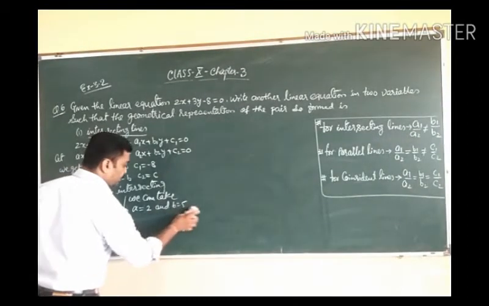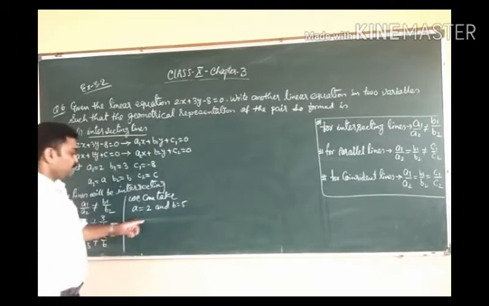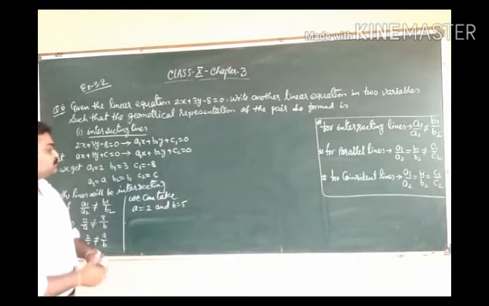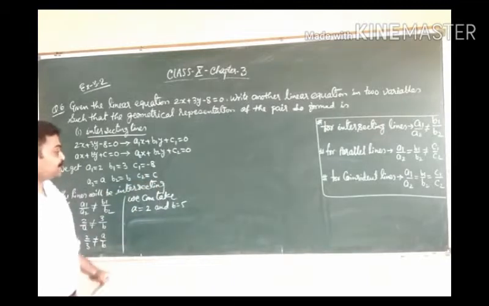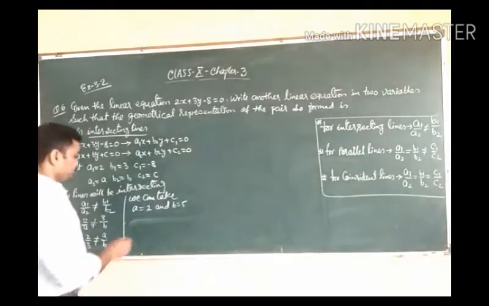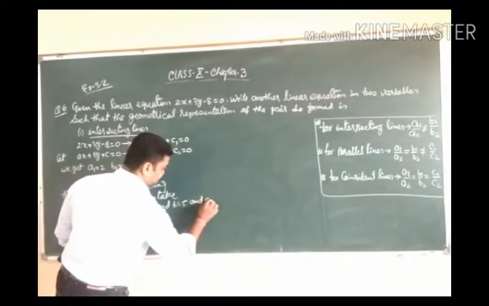Suppose a is equal to 2 and b is equal to 5. And the third part, that is c. c1 is given as minus 8, and you can take c2 as any value that you want to write. Suppose I am taking c is equal to 3.